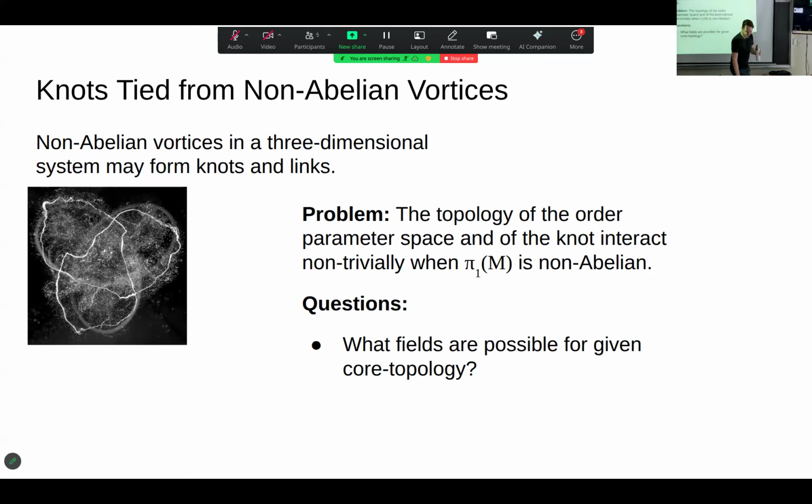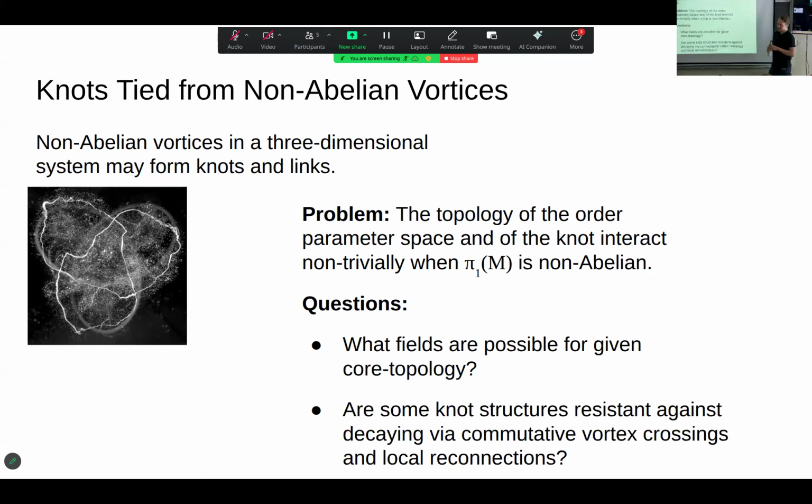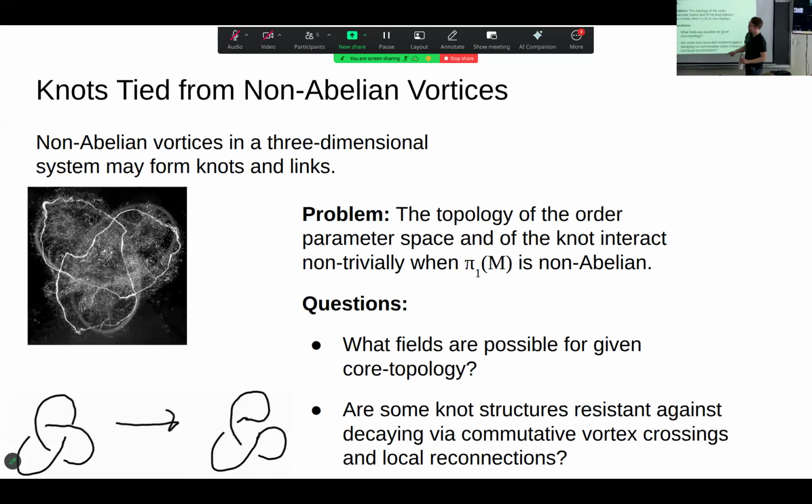And the second question is, are some knot structures resistant against being destroyed by these reconnections and strand crossing properties? For example, and I couldn't find a good picture that looks nice, so I drew this with my tablet.